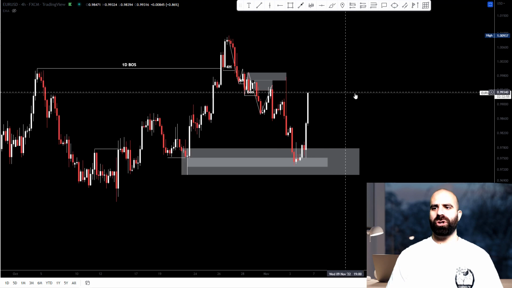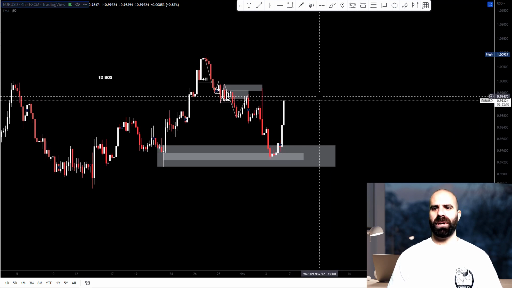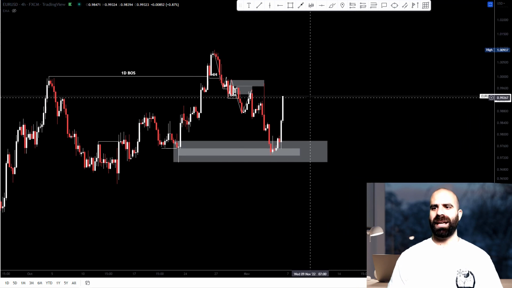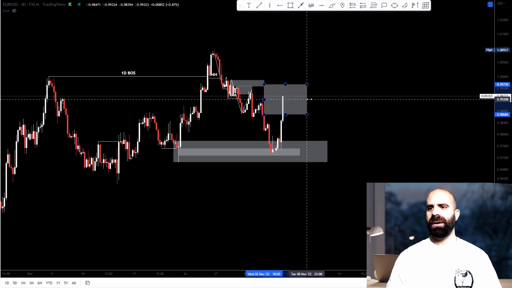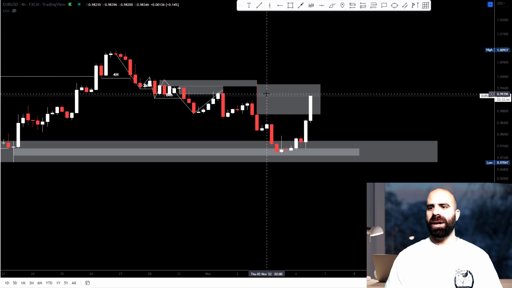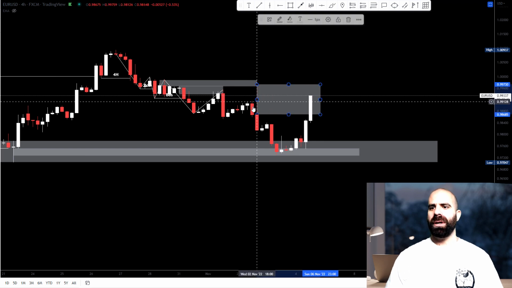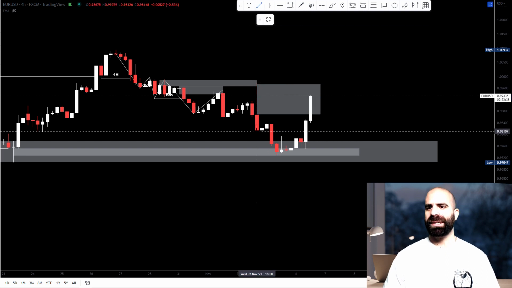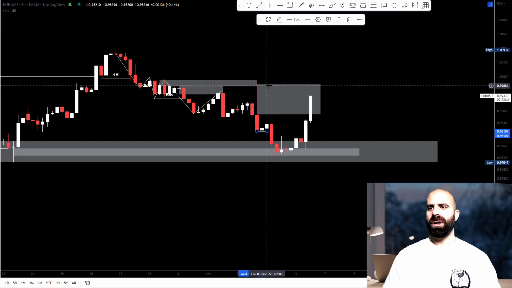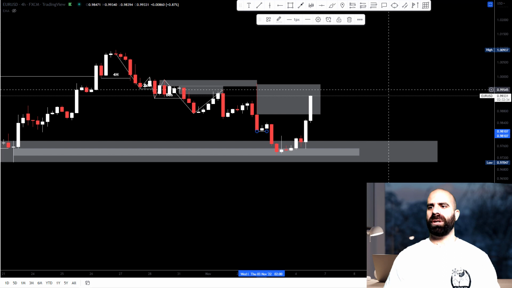And again, of course, here in this occasion, because I have bias from the daily time frame, I'm not interested in this week right here, but this week is an order block on its own, because it was the last up move before we broke structure right here. So technically this is also an order block.